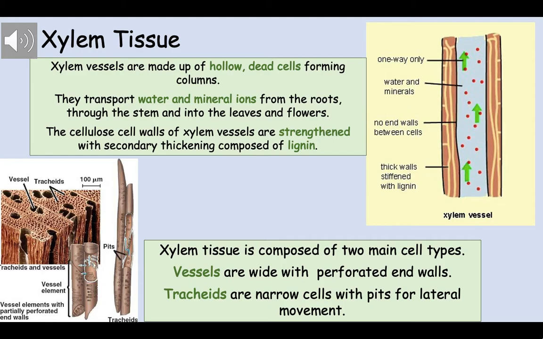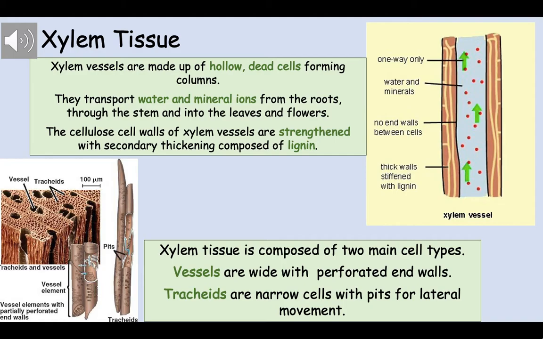So the walls of the xylem tissues will be made up of cellulose, because cellulose is what makes up the cell walls of the plant. So even though these are dead, hollow cells, they still have that cell wall mostly made up of cellulose. However, they are strengthened with a secondary substance called lignin.